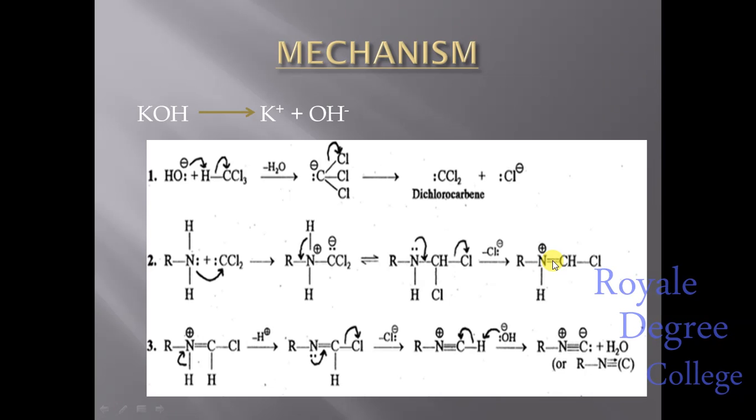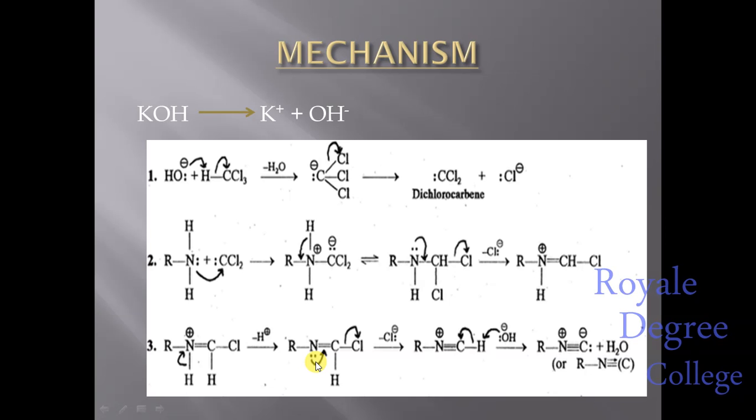Then in the next step, the product we are getting in this second step, we are taking as a reactant. Then from this, what will happen? As we can see here, between nitrogen and hydrogen, a bond is there. Now that bond is shifted towards the nitrogen. So hydrogen is coming out by leaving its bond along with the nitrogen.